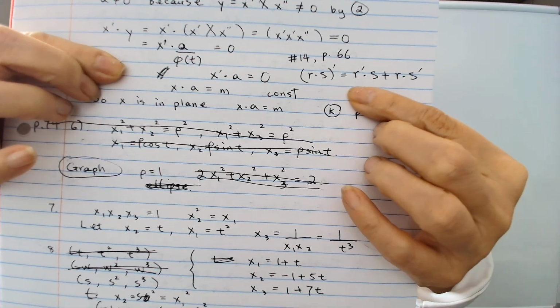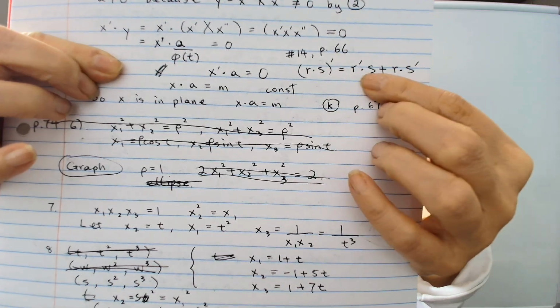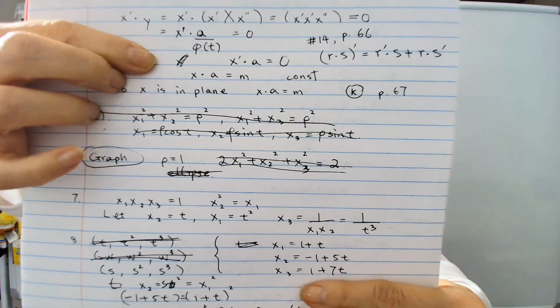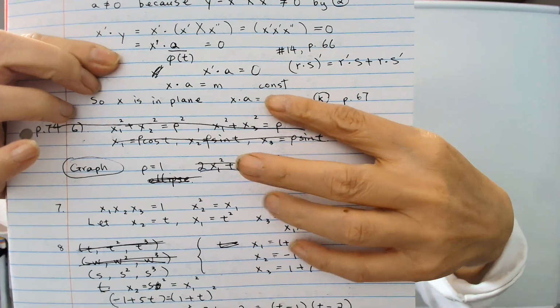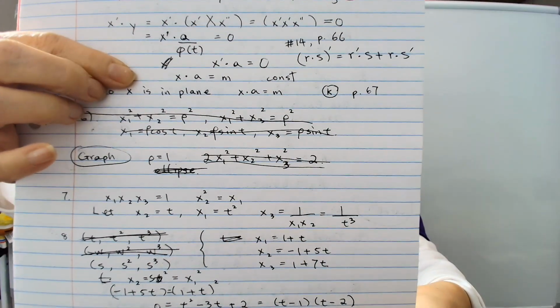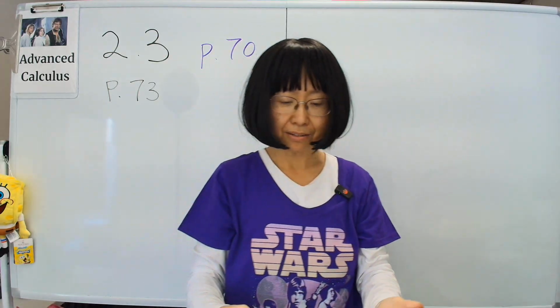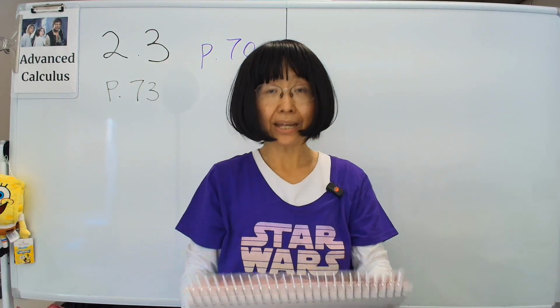So we only have this one. Then we can integrate: if x prime dot a equals 0, then x dot a must be equal to some constant, which means that x is in a plane.